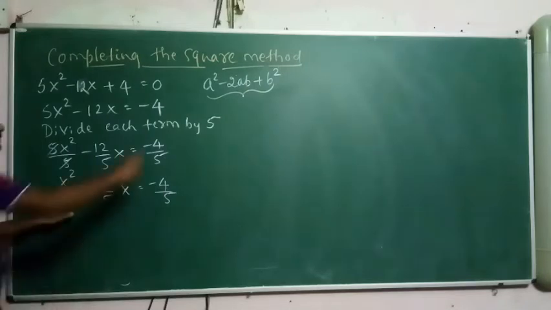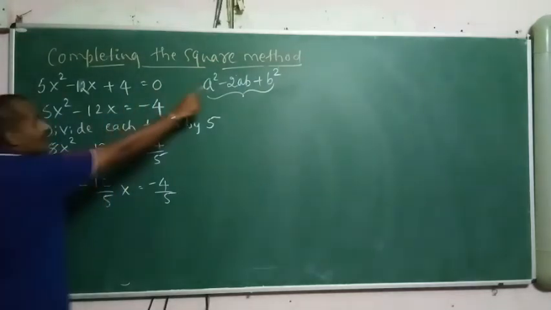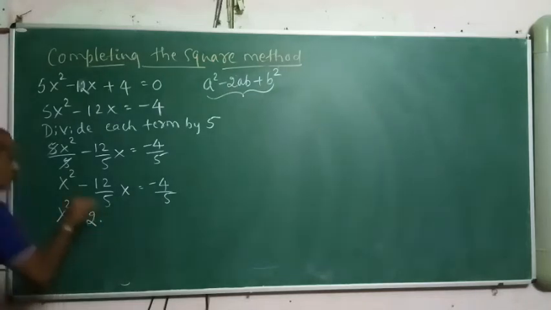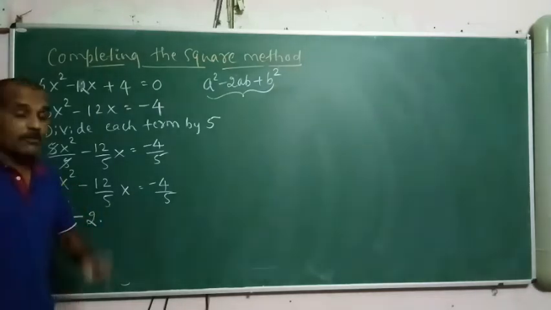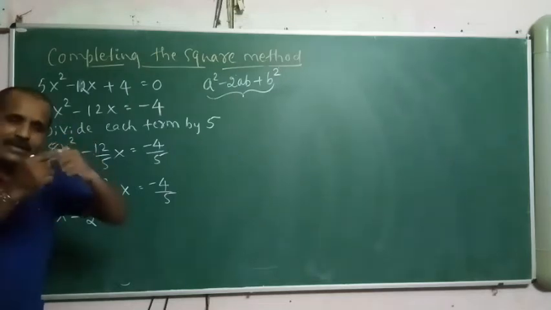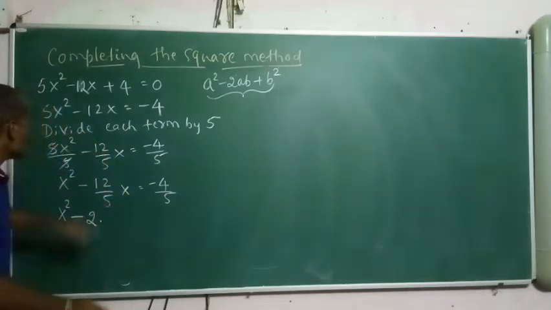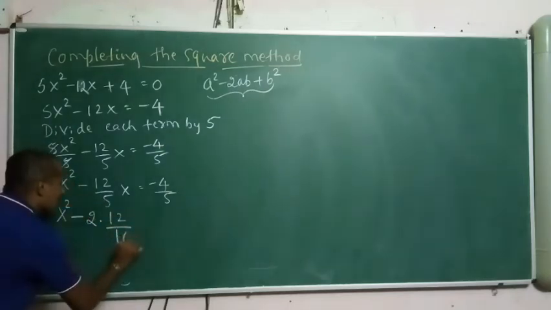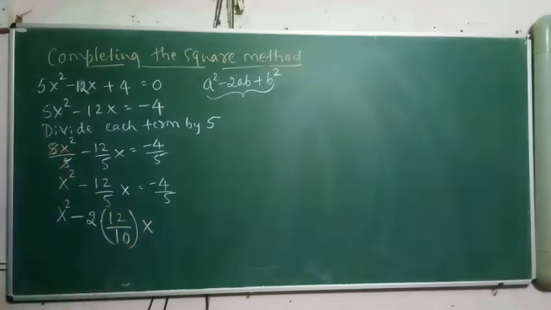So a square minus 2ab is required. So I will write x square minus 2 I have taken here. But when I take a 2 in the numerator, I have to take 2 in the denominator also. So what I will do, instead of 12 by 5, I will write it as 12 by 10 into x.